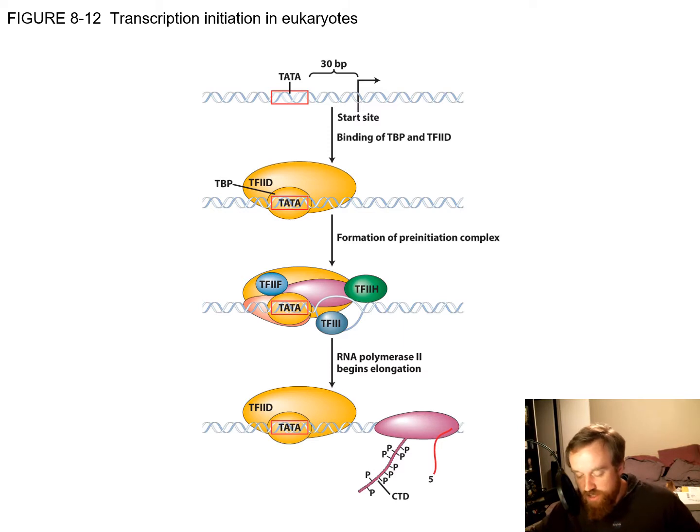And eventually, one thing we talked about is how this transcription machinery is denoted as an egg. Well, it's really an egg with this real long tail coming off called the carboxyl tail domain. And eventually, throughout this process of initiation, this carboxyl tail domain will start to get phosphorylated. So these P's are just phosphorylation that is occurring on that carboxyl tail domain.